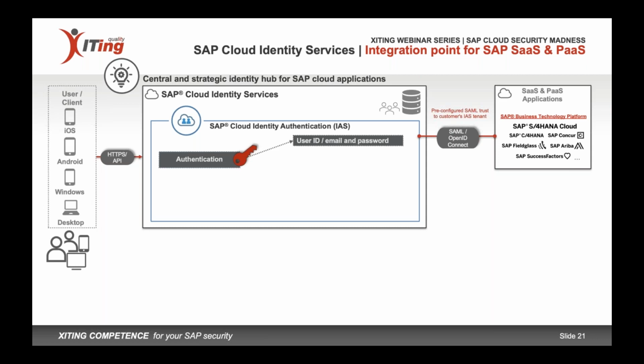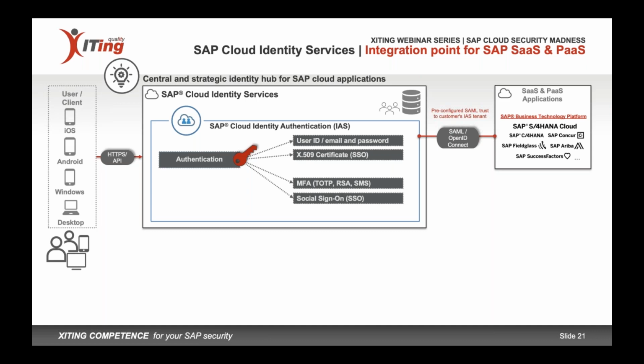You can create user accounts in your identity authentication service, and you can authorize and authenticate users based on credentials or existing X509 certificates that you may use. You can also use multi-factor authentication and other means of a second factor. And you can forward the authentication to a corporate or a social IDP. That's more or less the basic functionality.